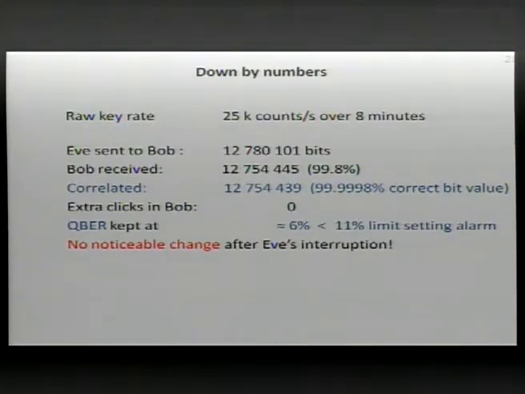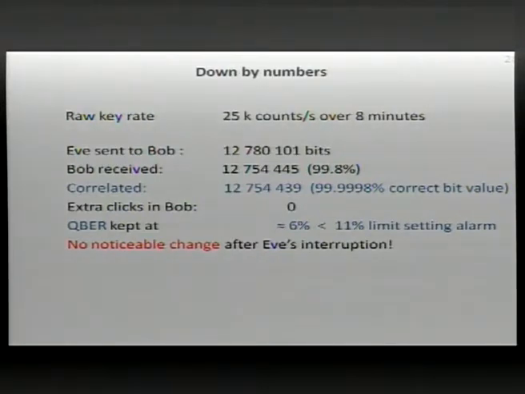So we have done several experimental runs. The longest run lasted over 8 minutes. In these 8 minutes, Eve sent to Bob about 12 million bits, and most of them successfully launched a click in Bob.